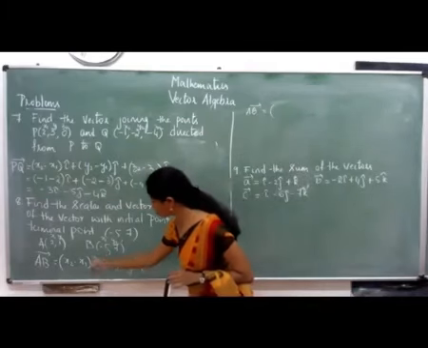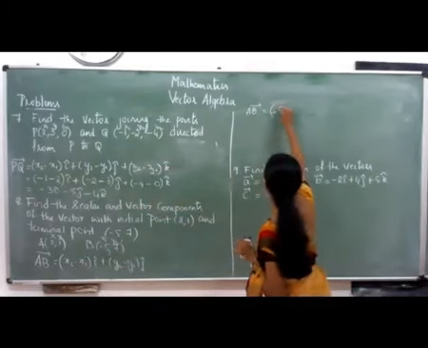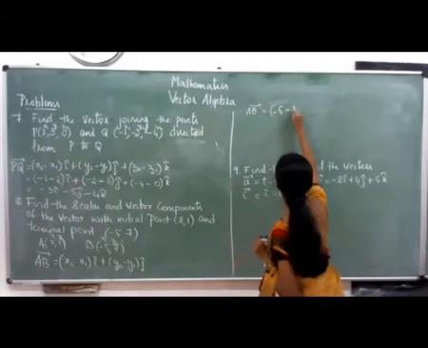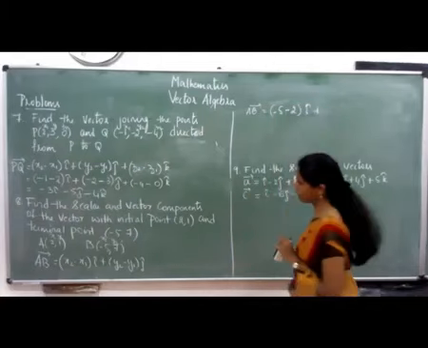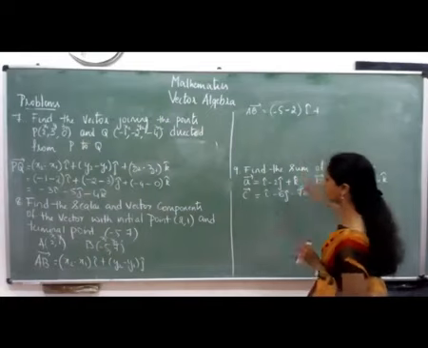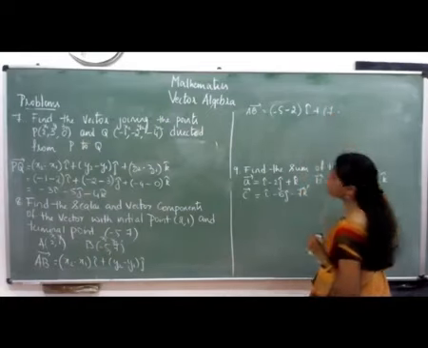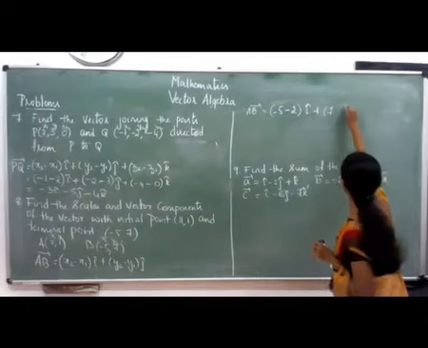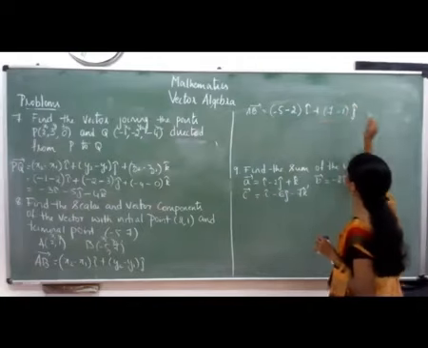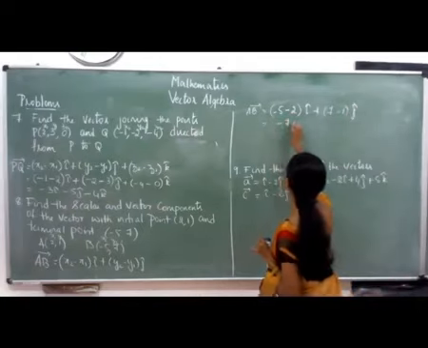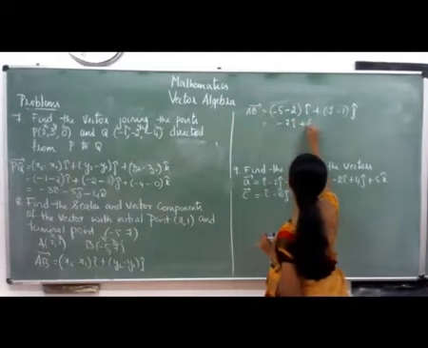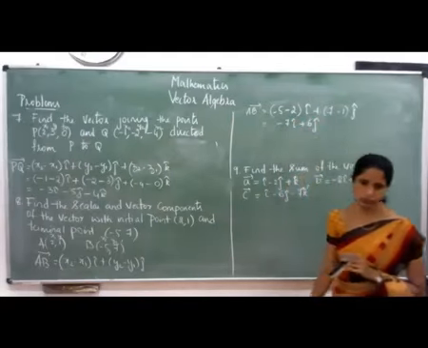What is x2? x2 is -5 minus x1, which is 2, into i cap, plus y2 is 7 minus y1, which is 1, into j cap. Therefore this is equal to -7 i cap plus 6 j cap.